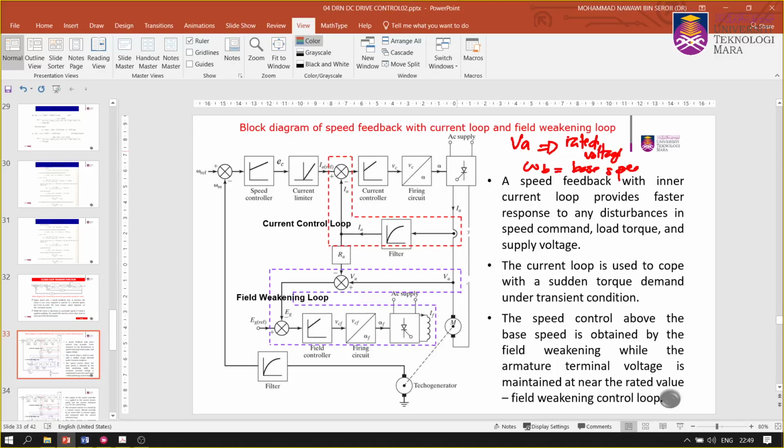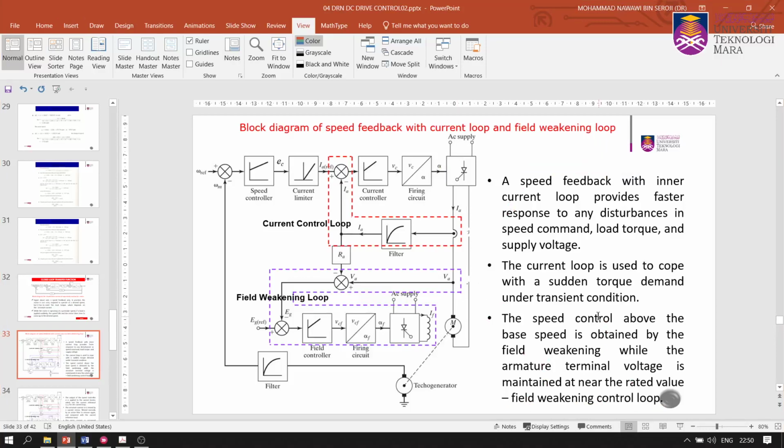The speed control above the base speed is obtained by field weakening while the armature terminal voltage is maintained. So once the voltage reaches the rated voltage, it will maintain at that rated voltage, and again, in order for us to increase the speed, we need to apply the field weakening current loop.